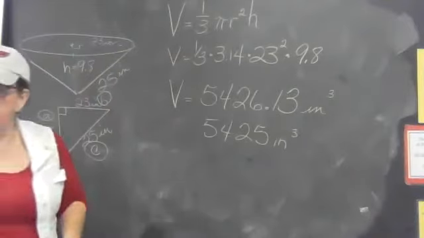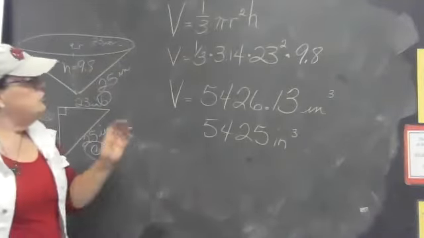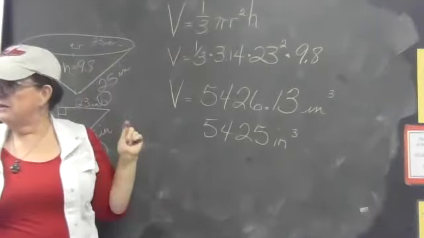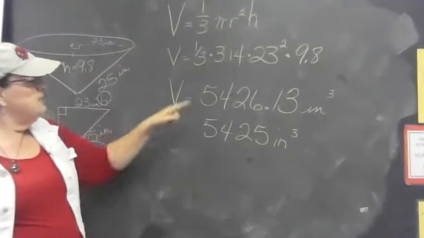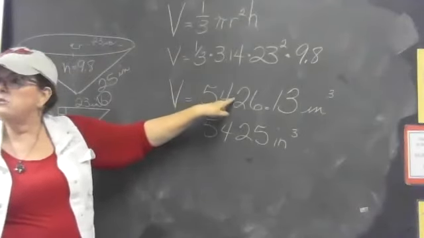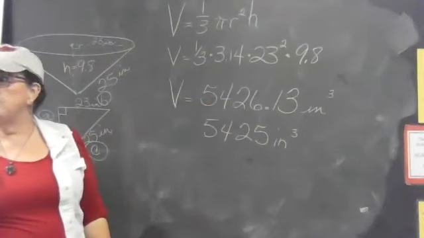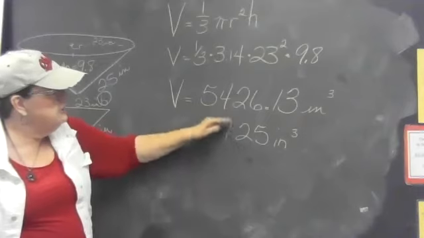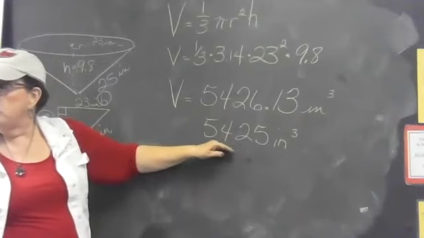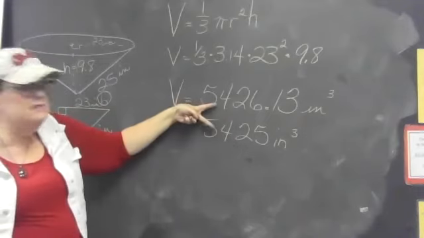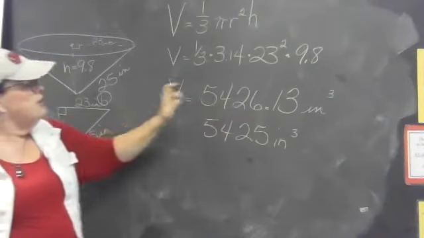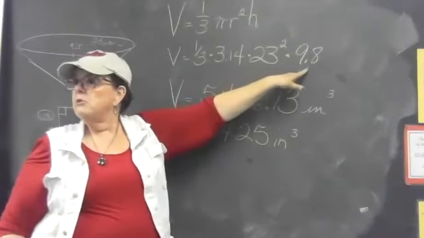I need to explain to you that whenever you work this on your test and the multiple choice doesn't have this exact answer that you got, that does not mean that you did it incorrectly. Look how close these are to each other. They're very, very close, and the reason that they aren't the same is because we rounded this number.